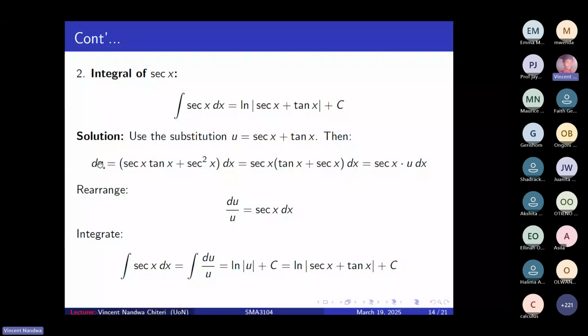And you remember previously, our numerator was sec squared x plus sec x tan x. So when you make dx the subject here, you should see why the bracket cancels out when you substitute accordingly.